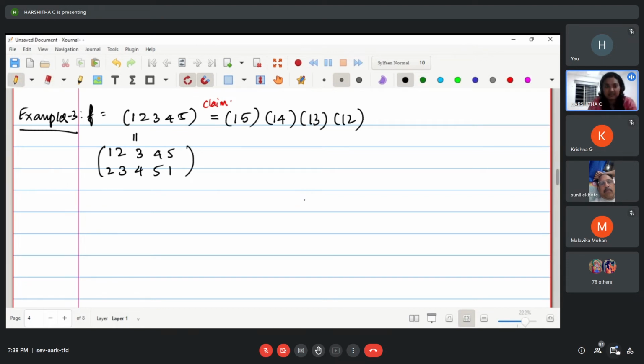As a process, we took (1 5), then (1 4), (1 3), and (1 2). We're just trying to check that this actually works. So we're trying to compute the right hand side of the equality.